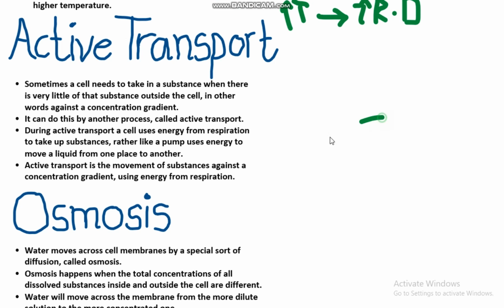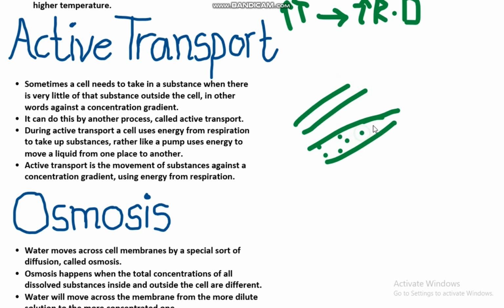So this is the kidney tubule and there is our vein. There is glucose in our kidney tubule and no glucose here, and it cannot move by diffusion because it's a bigger particle and it would have to move against the concentration gradient. It has more here and less here. Sorry, my mistake.